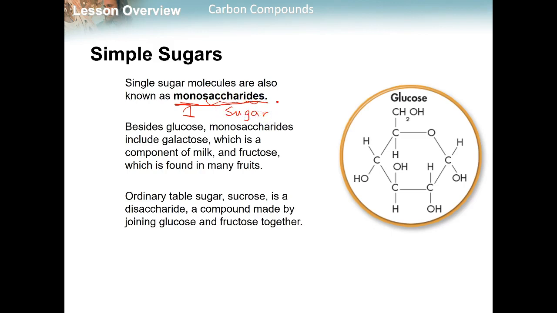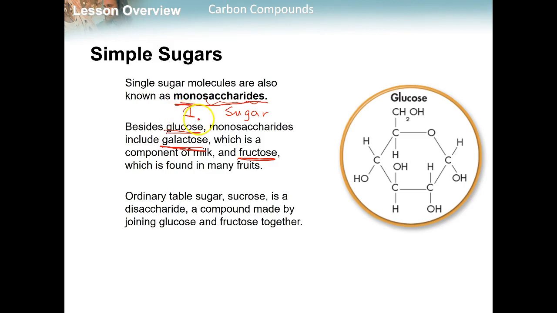A monosaccharide is a single ring sugar. So glucose is a monosaccharide. Galactose, a milk sugar found in milk, is a monosaccharide. And fructose is also a monosaccharide that's found in many fruits.